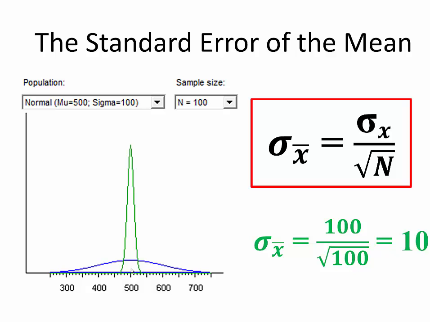So the distribution of means is much more tightly clustered, especially when we have a large sample. This relationship is captured with a very elegant formula. The sigma with the subscript x bar is the standard deviation of the distribution of means. It's equal to the population standard deviation divided by the square root of n.